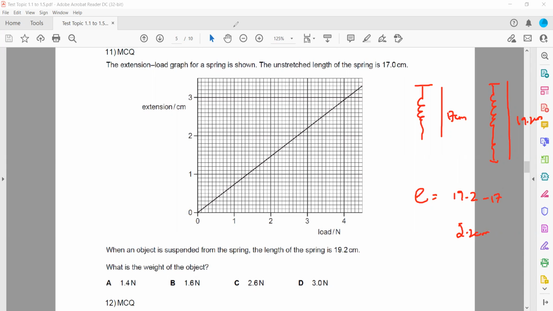From 2.2 centimeters, we have to draw a line to work out the load which is attached. According to this graph, 3 Newton is attached to the object, which will cause the change in length of 2.2 centimeters. So original length was 17 and the final length is 19.2.